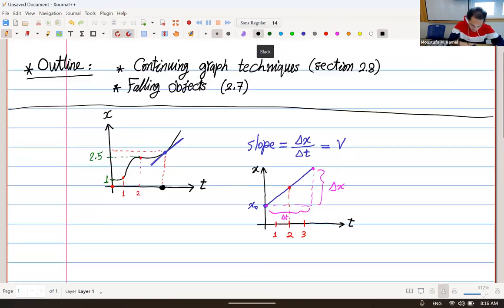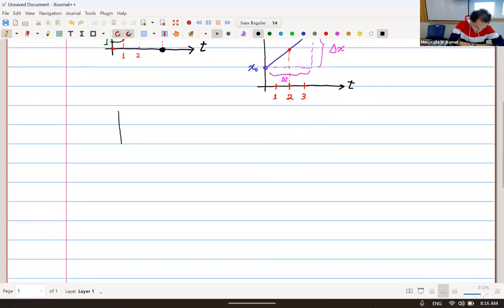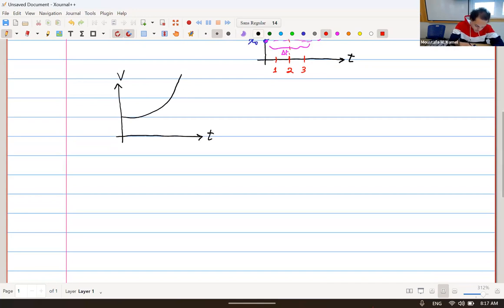Okay, and if we have a velocity versus time graph, let's say it's doing something like this. Then each point on this graph, each point in time corresponds to a certain velocity, right?